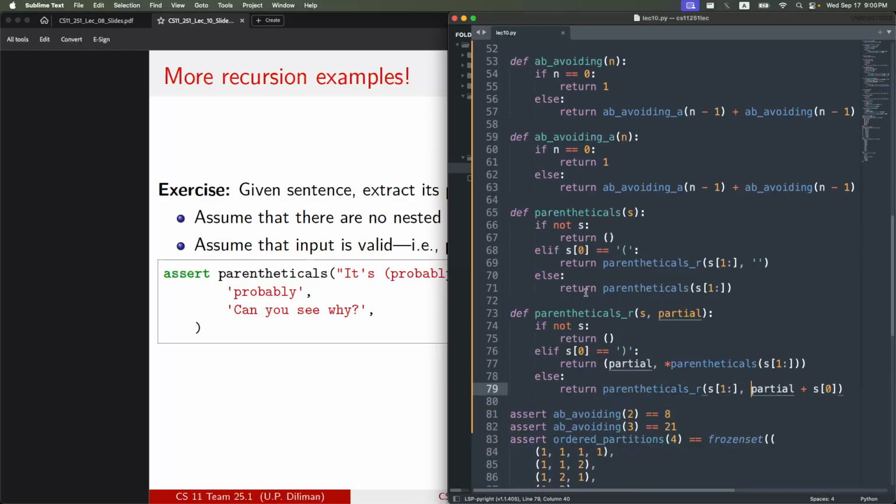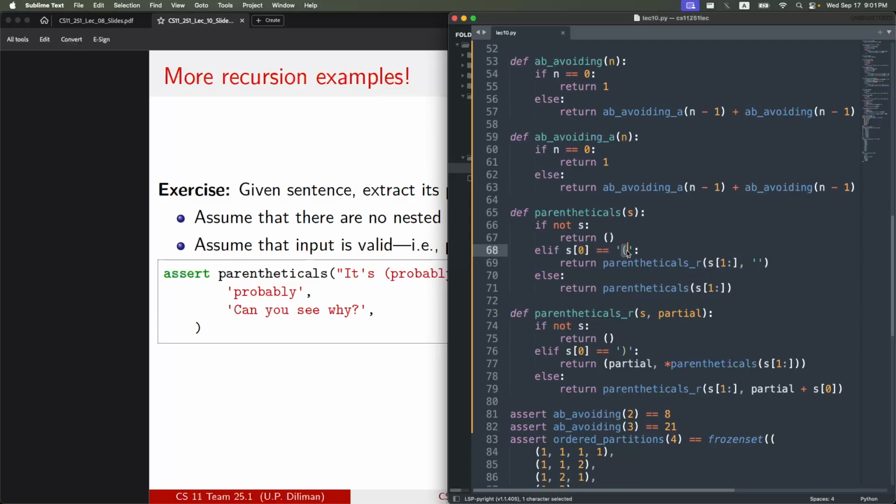So what do these two functions mean? Parentheticals looks for the next opening parenthesis. If the string is empty, then there are no more parentheticals to be found. If the first character is an opening parenthesis, then we return the result of parentheticals R, which builds the parenthetical starting at this portion of the string.